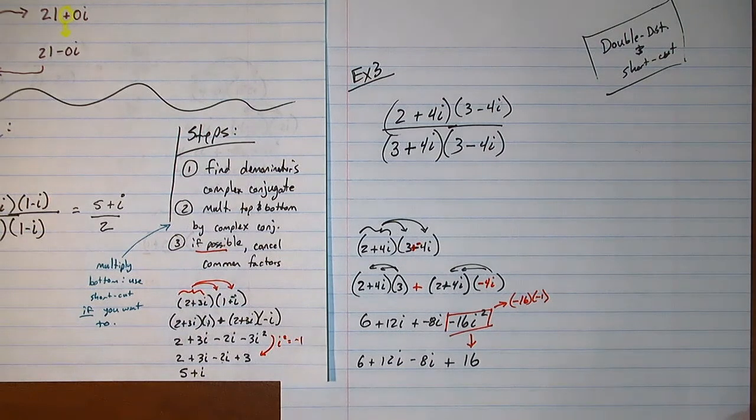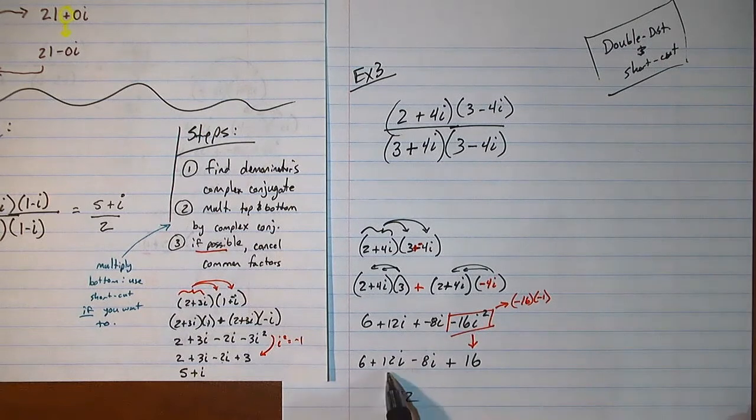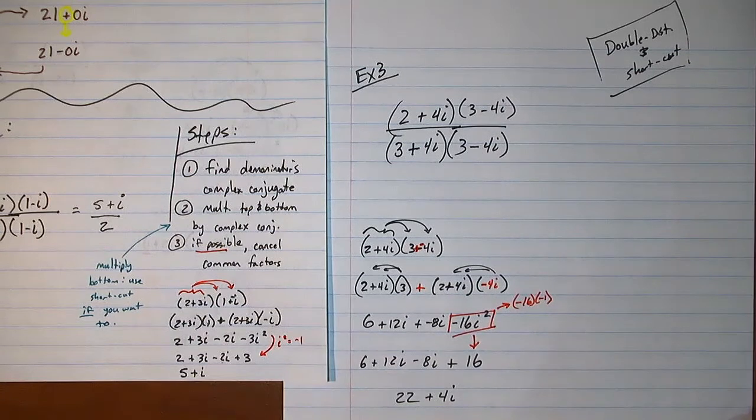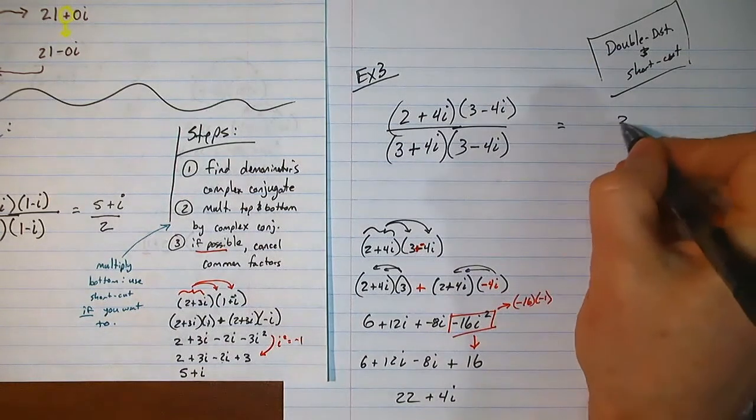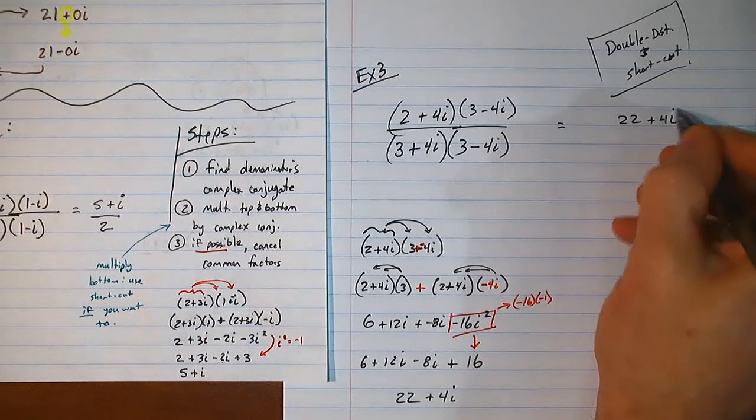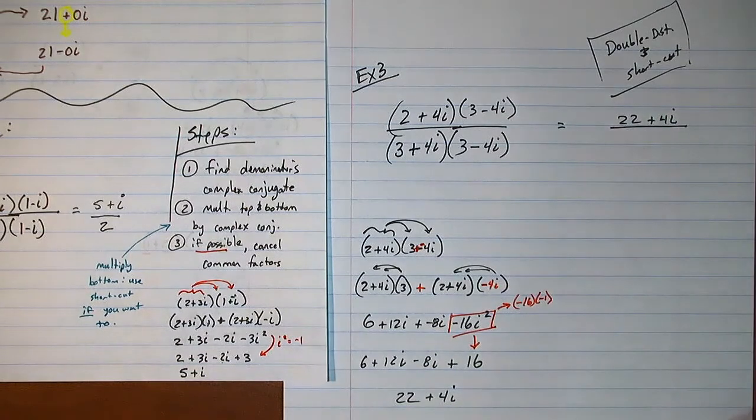And last but not least, I combine my like terms. So 6 plus 16 is going to give me a total of, what is that going to give me? 22. And 12 minus 8 is going to give me 4. So there is my top. My top is going to become 22 plus 4i. And if you did that with FOIL, you should have gotten the same thing.